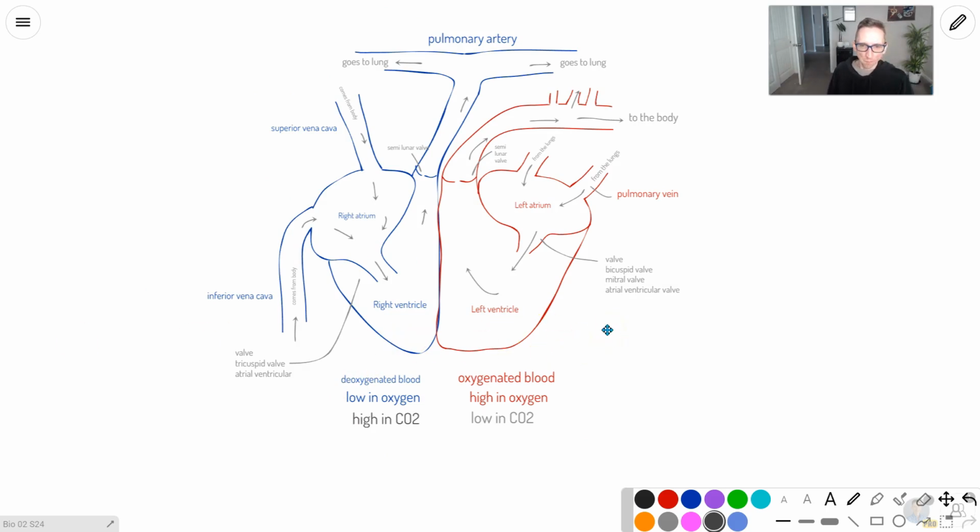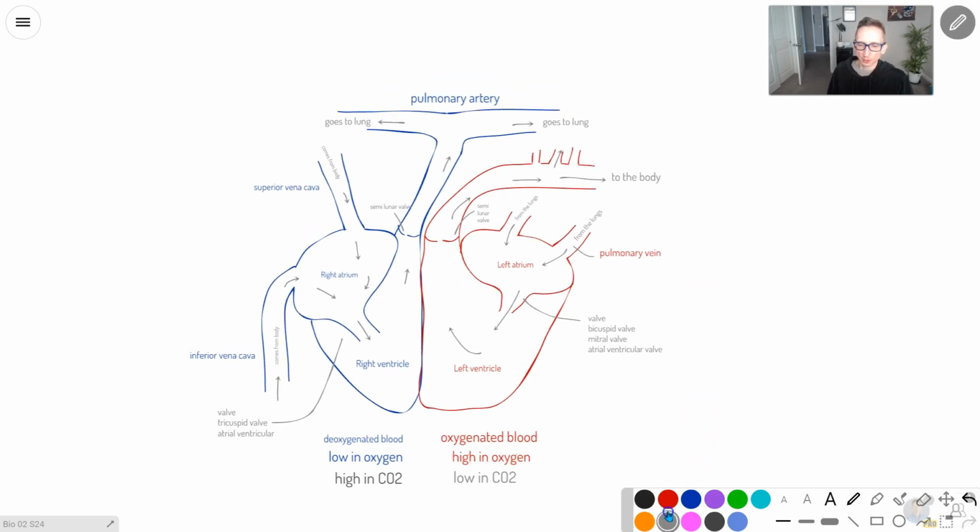All right, couple interesting things. This pulmonary artery. Let's talk about that. Arteries go away from the heart. Very interesting. Arteries go away from the heart.